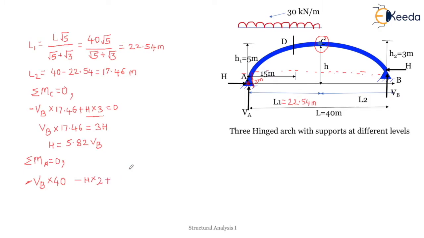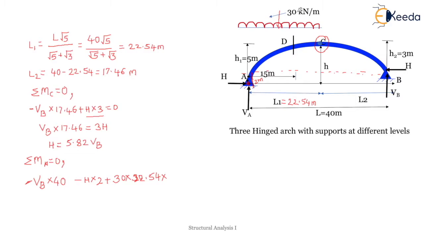Plus UDL. Now UDL is 30, and it is acting over the span of L1, and L1 is total 22.54. So we will write 30 into 22.54 into, it will act in the middle.